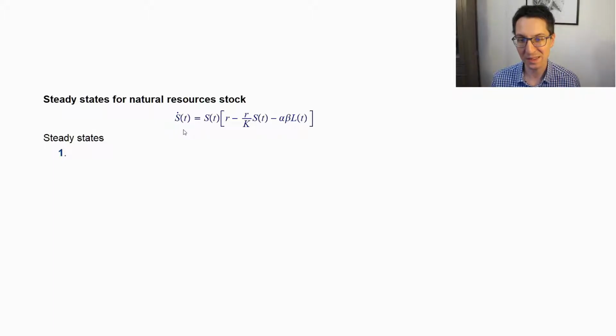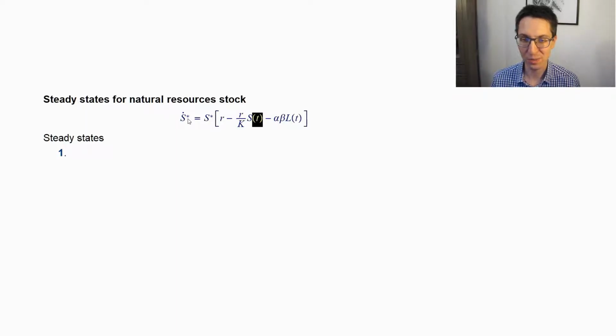So at steady state, S dot will be represented by S dot star, and it has to be 0 if the stock of nature is at steady state, so it doesn't change. But note that since we have two state variables, S and L, both need to be at steady state. So we're going to write S star and L star.